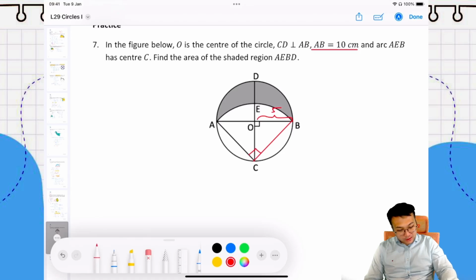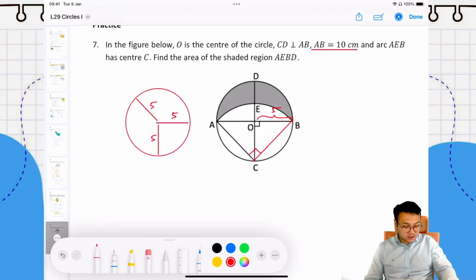And when you talk about the radius, if you have a radius which is 5, in any direction, it is still going to be 5. So even if I draw a line pointing downwards, this is still 5. Even if I draw a line here, this is also 5. So anyway, the main thing is, this line here, OC, is also going to be 5.